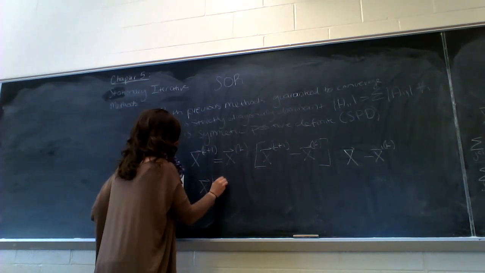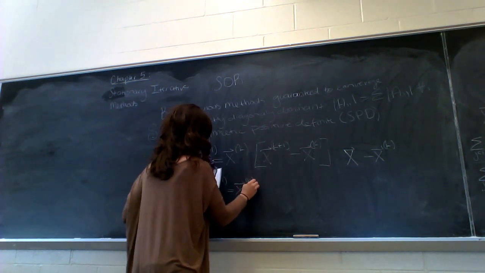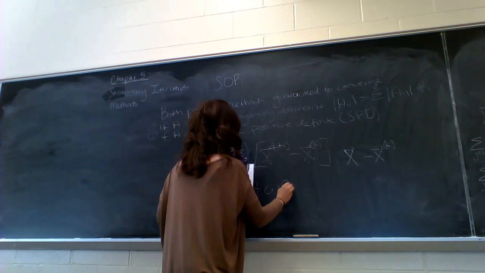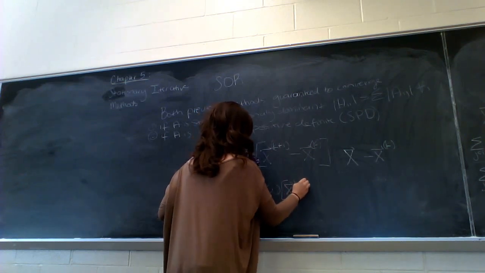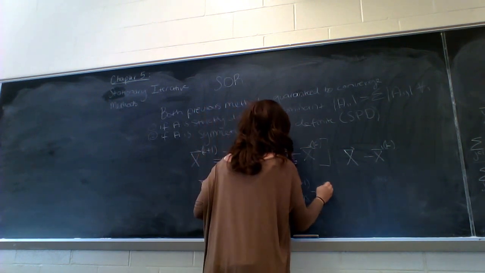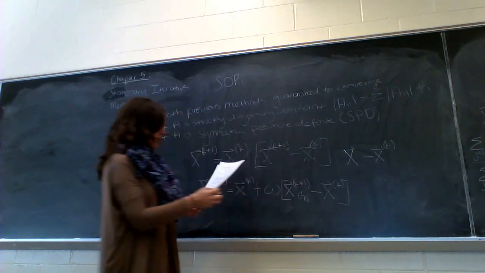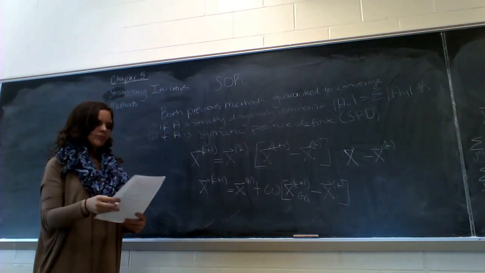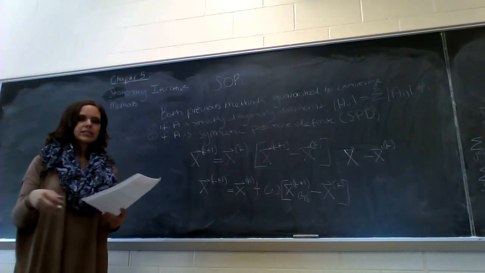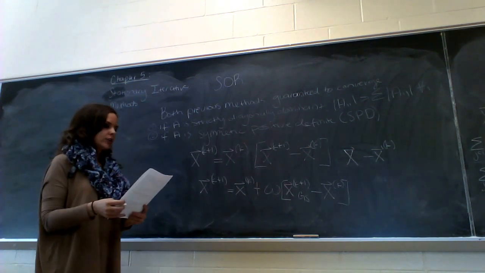So now we have x^(k+1) equal to x^k plus omega times (x^(k+1) from Gauss-Seidel minus x^k). So this omega right here is going to allow us to increase the length of this step so that we get faster convergence.